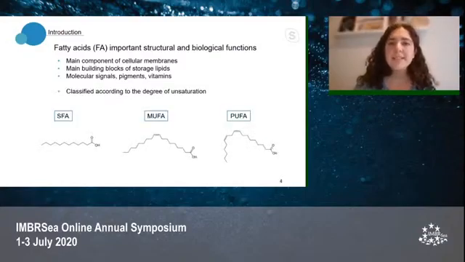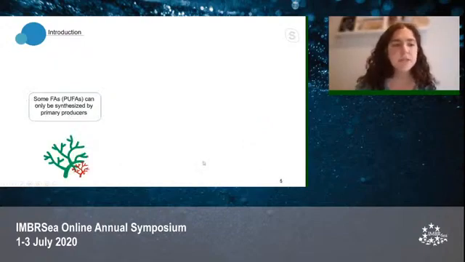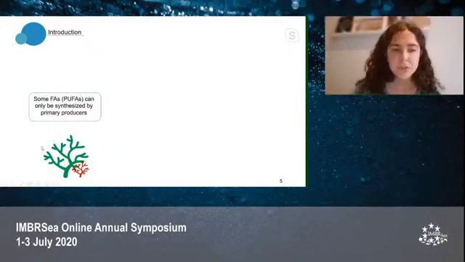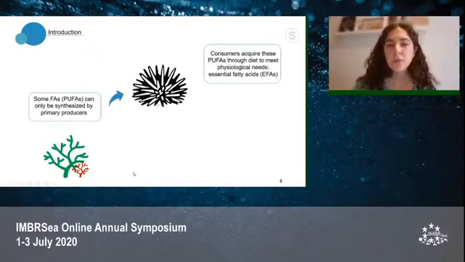In addition, they can be classified according to the degree of unsaturation, or the number of double bonds. Here we have saturated fatty acids with no double bonds, monounsaturated with one double bond, and polyunsaturated with two or more. This last category, PUFAs, are particularly important because some of them can almost exclusively be synthesized by primary producers, which means that the consumers need to acquire them through their diet to meet their physiological optimal needs.